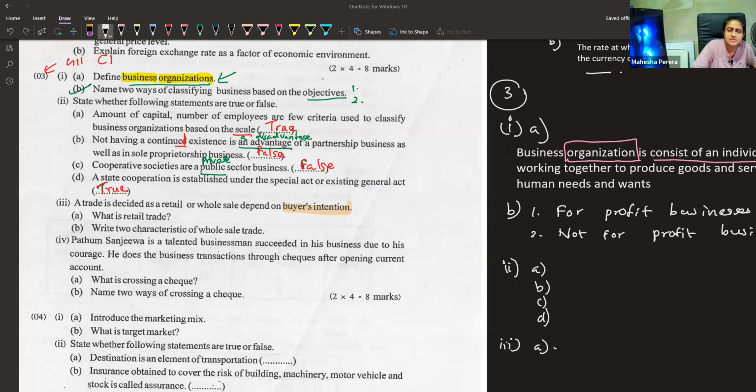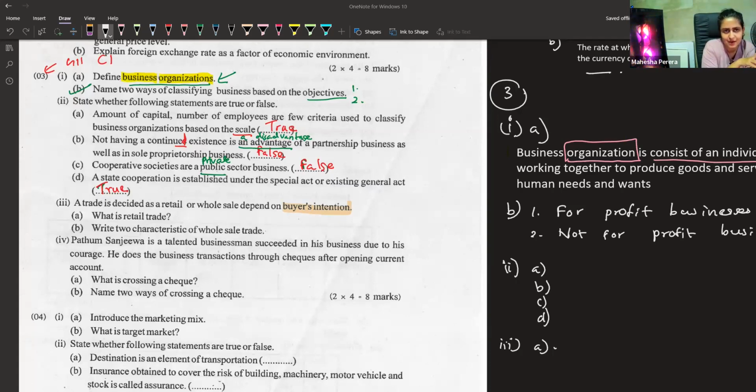Other than that, you can say trade discounts are given, or large quantities of goods are sold. That means bulk selling. For number 1, you can say purchasing goods for the purpose of reselling.